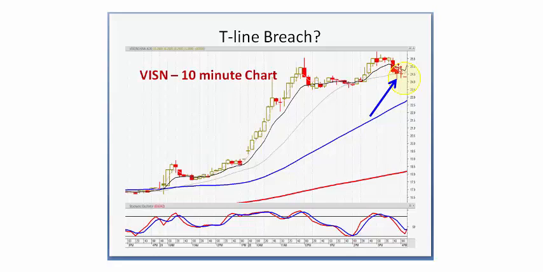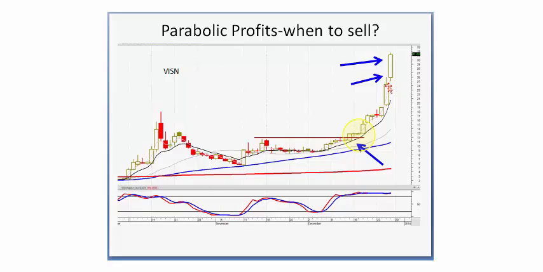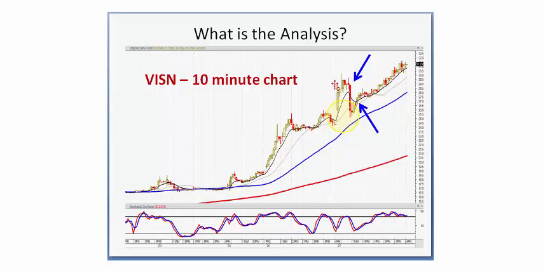This was that first day when we had big profits, which was right in here. The next day it opened up and started trading off a little bit. And where was it trading off? A good distance away from the T-line. But notice what it did after on the 10-minute chart. Came down, and then it came back up through. So we took profits right here and bought back right here.